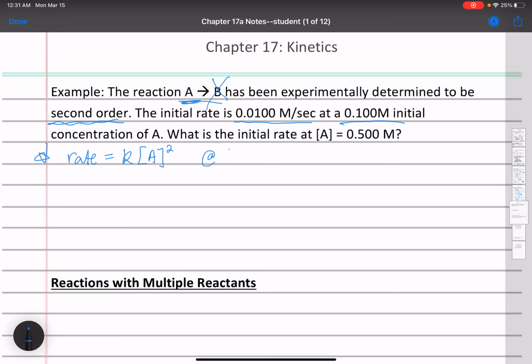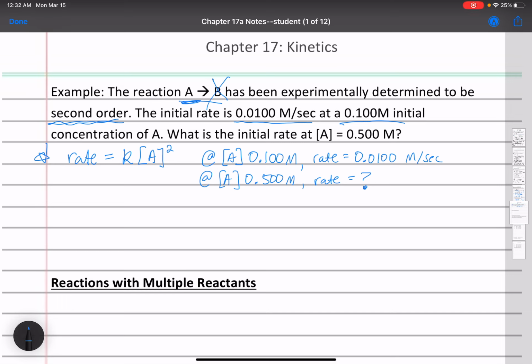At this concentration of A, 0.100 molar, the rate is 0.0100 molarity per second. Then it says, what is the initial rate at this higher concentration, where we have a concentration of 0.500 molar?